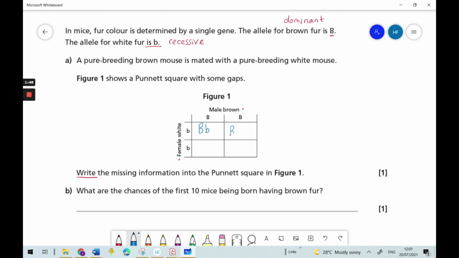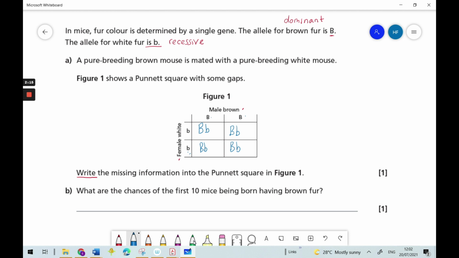Here, big B first, and little b. Again, from up here and here. Big B, little b, here and here, we're doing big B, little b. So those are our possible offspring for the mice with those genotypes. And if you complete those cells within that Punnett square, you would get the 1 mark.